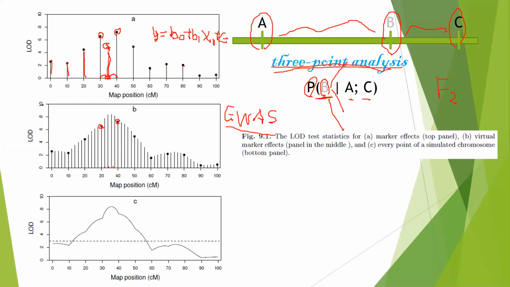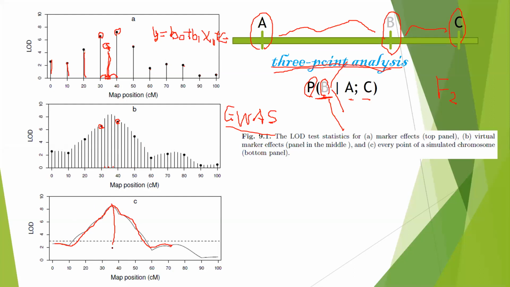All right. Now since we can infer the genotype information for any locus on the chromosome, we can test everywhere on the chromosome and in the genome, and then we can create a smooth curve for the test statistic along the genome or chromosome.